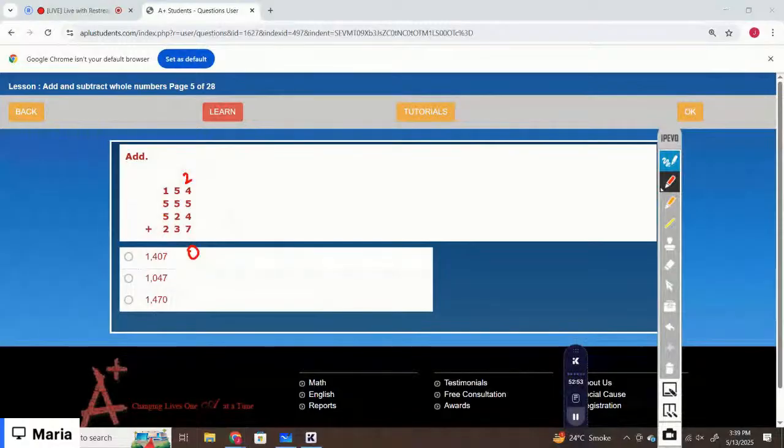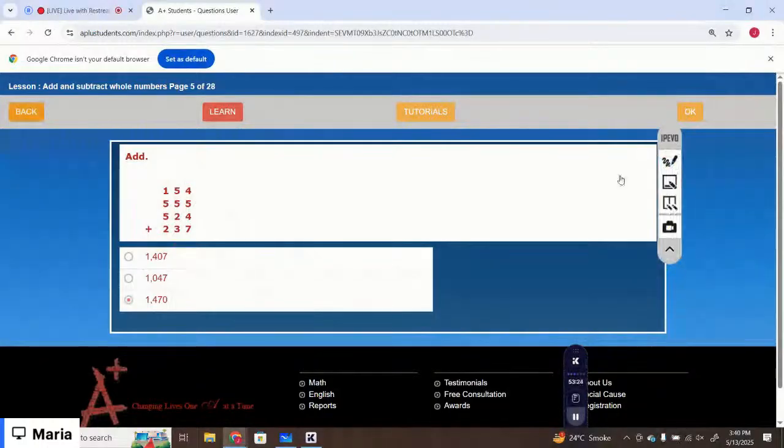Write 0 and carry 2. 12, 13, 14, 15, 16, 17. 14. That is 1470. Option number 3 is the correct option.